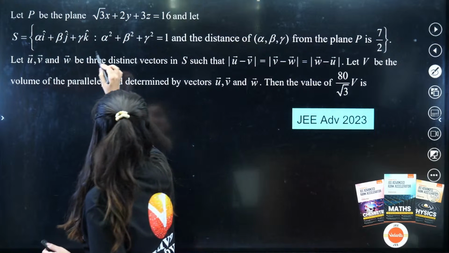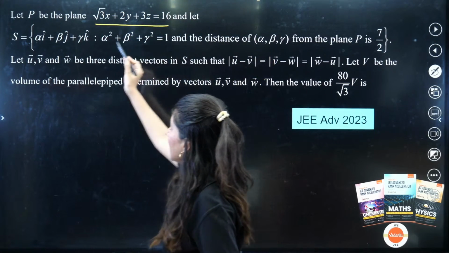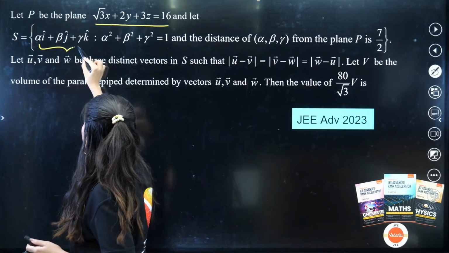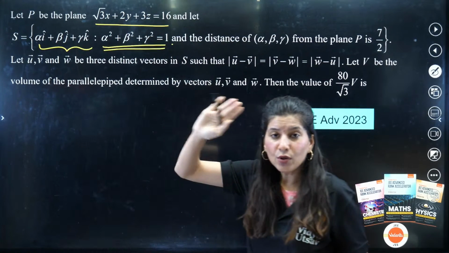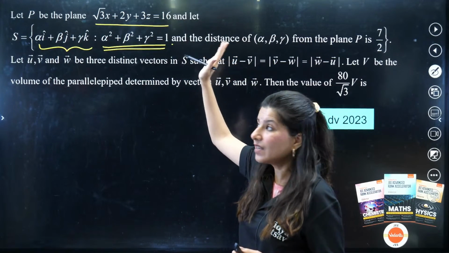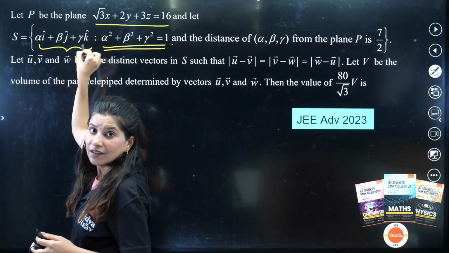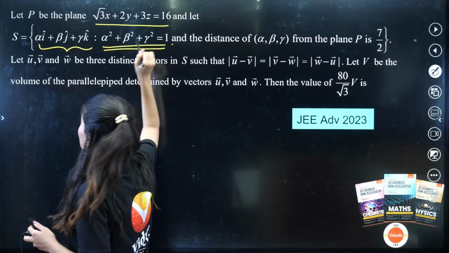Let P be the plane. So this is your plane, and let S be this set of vectors, which are, by the way, unit vectors. Slowly we will read the question to understand. P is a plane. Plane is given, and there is a set of all the vectors alpha i cap, beta j cap, gamma k cap, whose magnitude is 1.